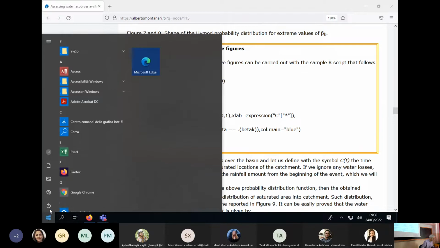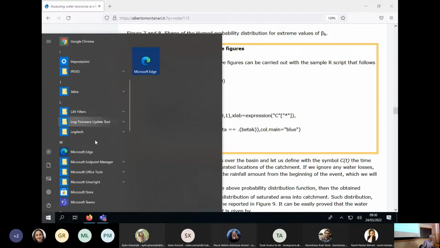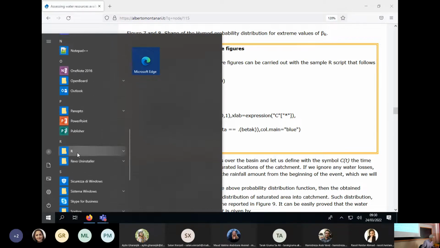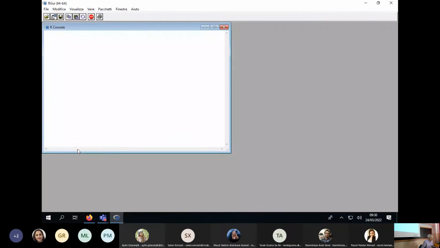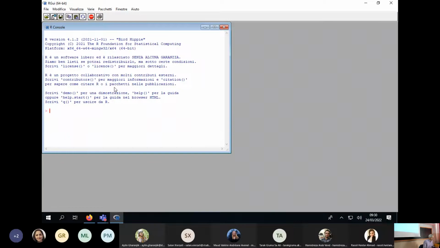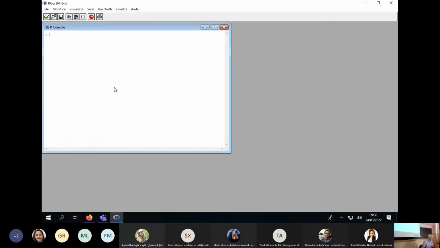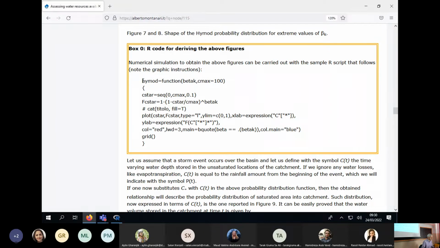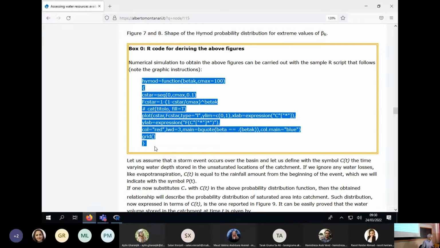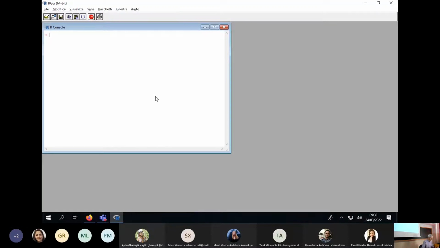Just let me show you by opening an R console. I don't need RStudio here. I just open an R console, and I clear the screen. I'm just cutting and pasting. So I go into the website, I select this, I copy it, and then I go here, and I paste it.